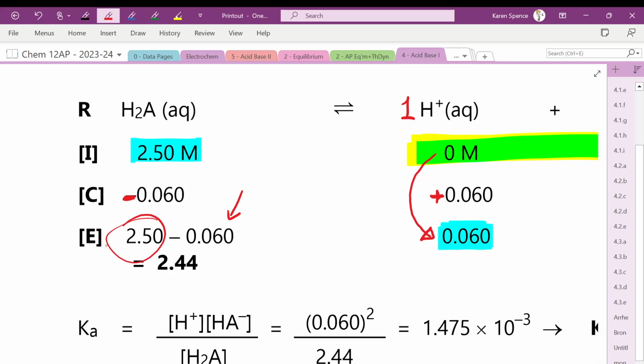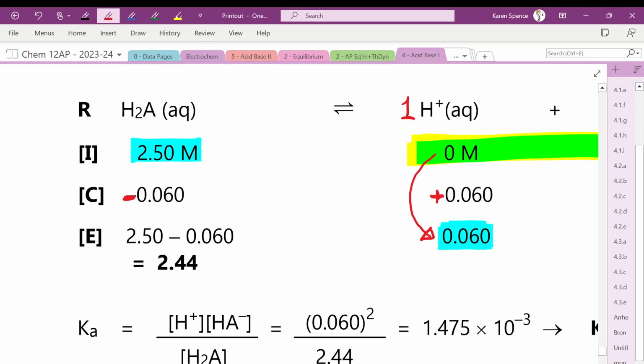So you will not end up with a quadratic equation. So it's only ever X that you're going to assume is insignificant. The other ones, you can actually do the math and see, is it insignificant? If you do the subtraction and it doesn't make a difference, then it doesn't make a difference. But do the subtraction, maybe it will make a difference.